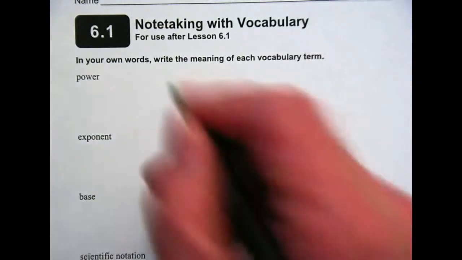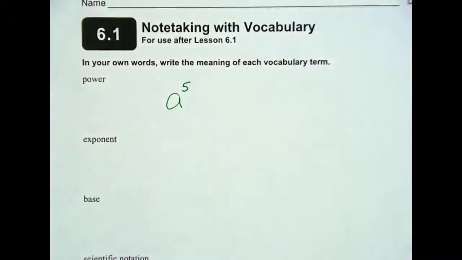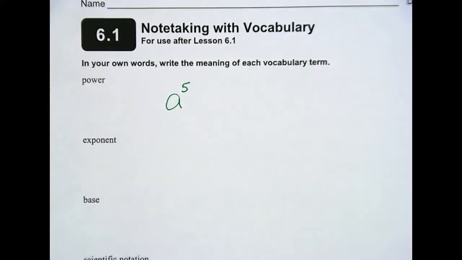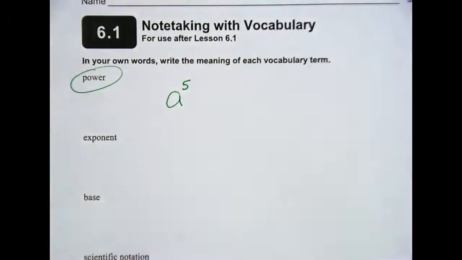Like if I gave you a to the 5th, what would a power be? Which thing is called the power? Use maybe a to the 5th to define these first 3 pieces. All 3 of those pieces are found in that. Power, exponent, and base. Okay, so our power, in a to the 5th, what's our power?